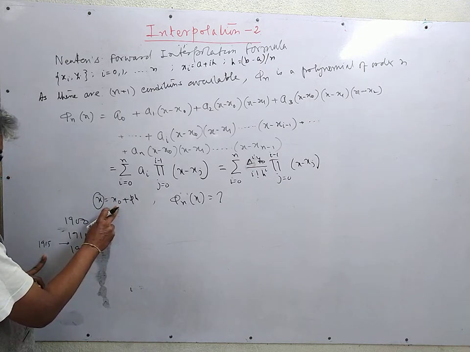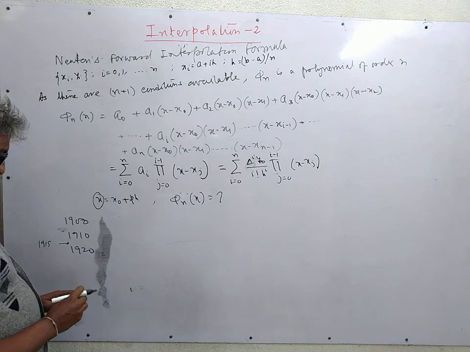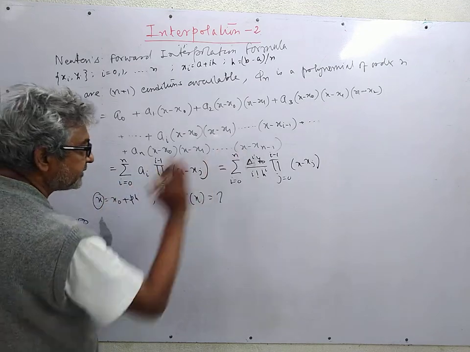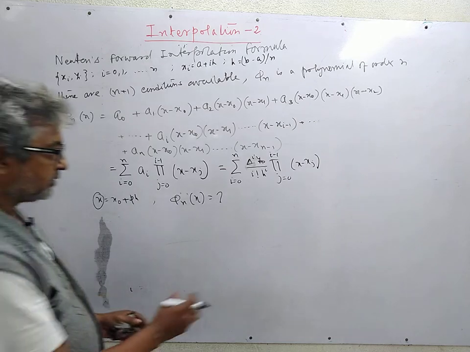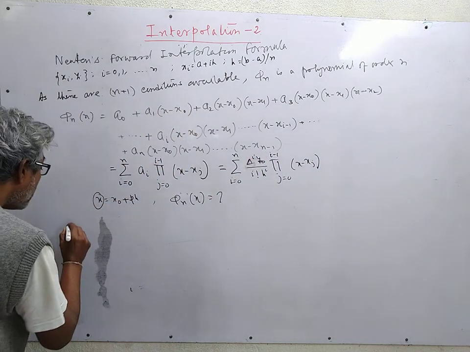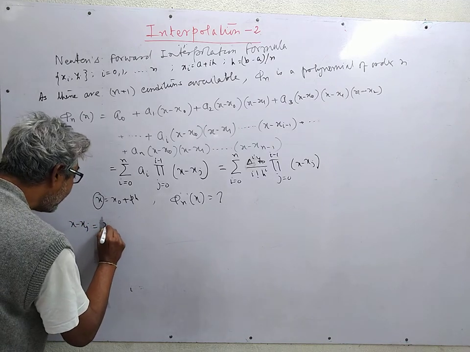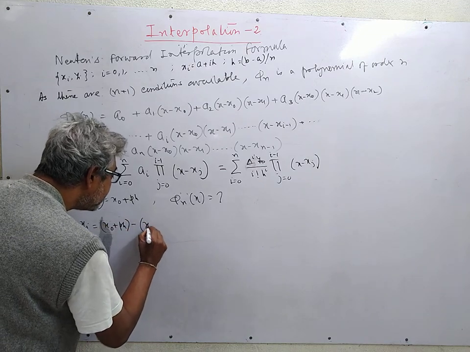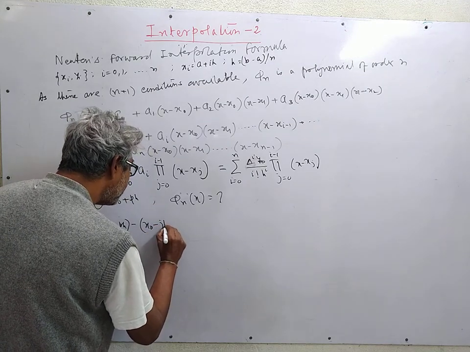x0 is 1900, and h is 10. So we are to calculate p. For x, we may rewrite this expression in terms of p. So first of all, we consider this term x minus xj. This is equal to x0 plus ph minus x0 minus jh.